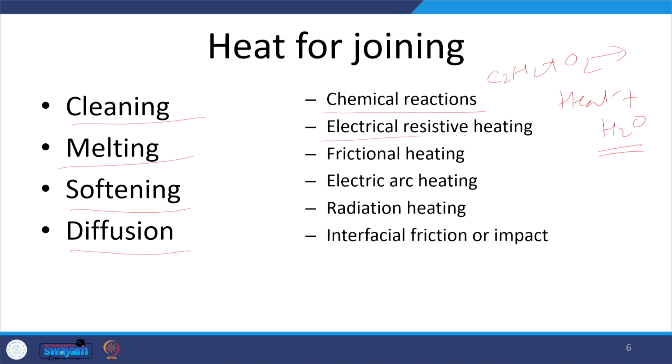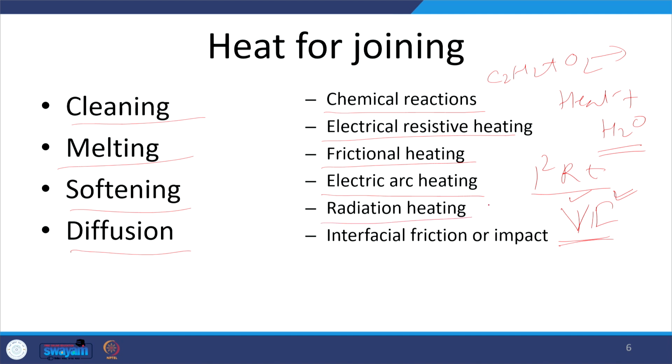Similarly, electrical resistance heating, the I squared RT principle, is used for development of the heat, like in resistance welding processes. In frictional heating, the heat is generated through the friction at the interface. Electric arc heating uses VI, the arc voltage V and the welding current I. The product of these two gives us the heat being generated.